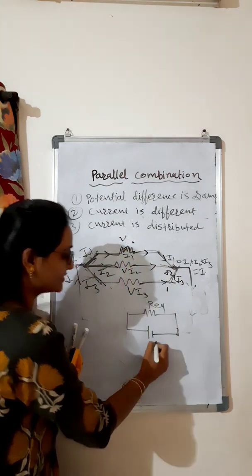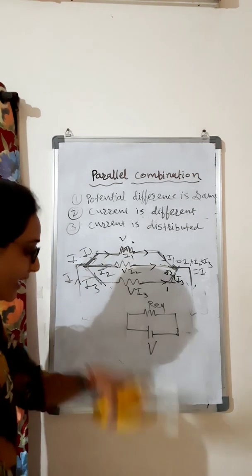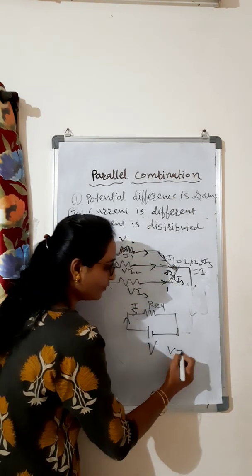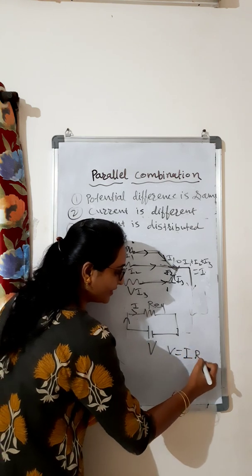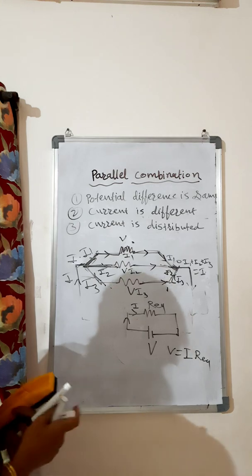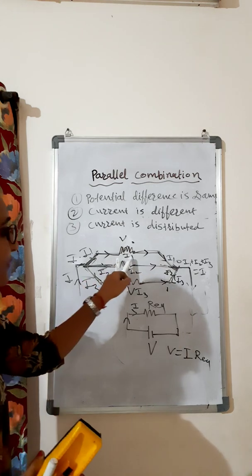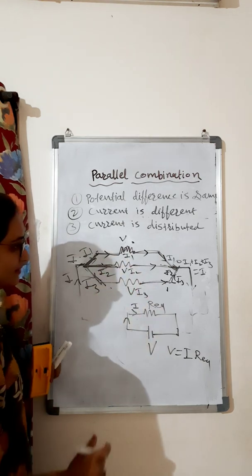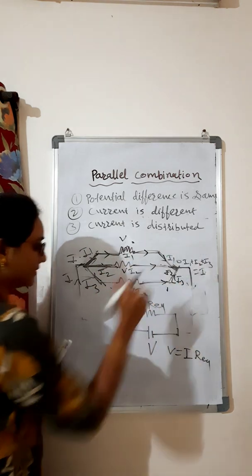These all three resistances have the same potential difference. Again, according to Ohm's law, how much current is flowing through it? I current. V is equal to I R equivalent. Again, you got that, right? Now in the first resistance, I1 plus I2 plus I3.